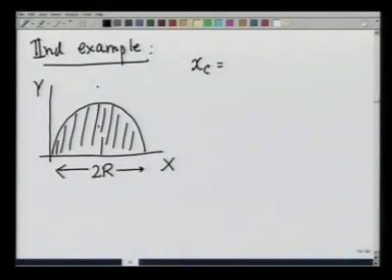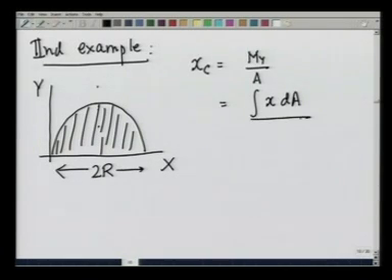So, again x c is going to be equal to m y over the total area. To calculate m y, we do integration x dA over the area. To calculate the dA, I take a strip like this, which is a vertical strip at a distance x from the y axis.